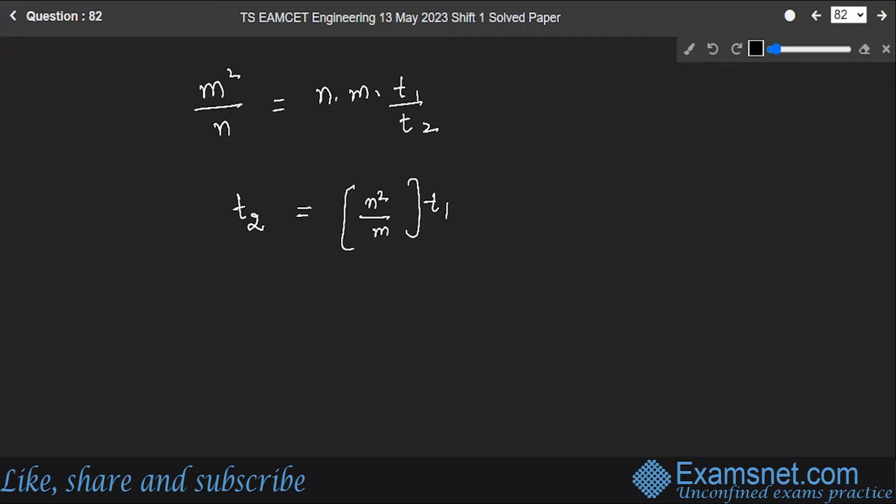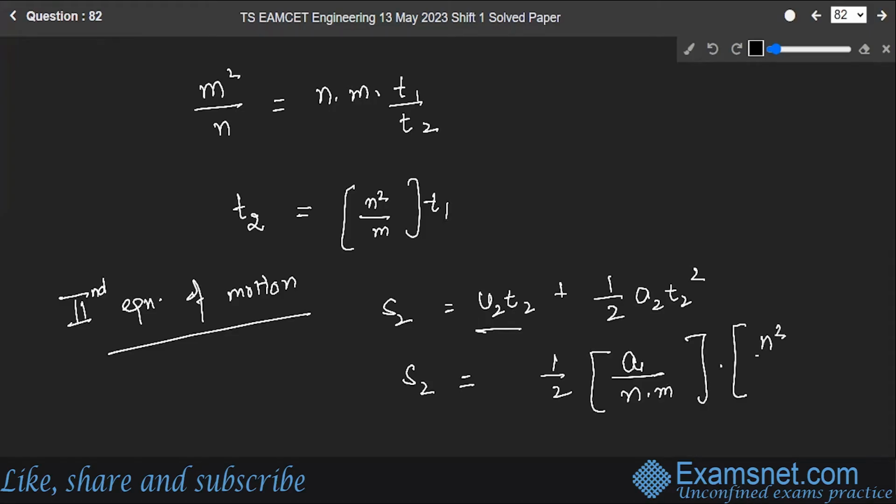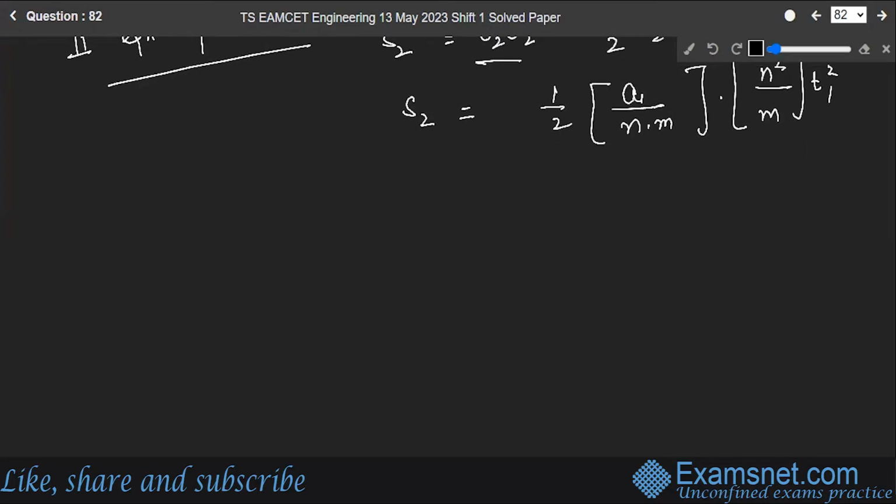Now from the second equation of motion, you have S2 is equal to u2 t2 plus half a2 t2 square. This u2 is equal to 0. So S2 is equal to half a2, which is a1 upon n m, into t2 square. t2 is equal to n square upon m into t1, so t2 square is n power 4 upon m square into t1 square. So this becomes half into a1 upon n m into n power 4 upon m square into t1 square.